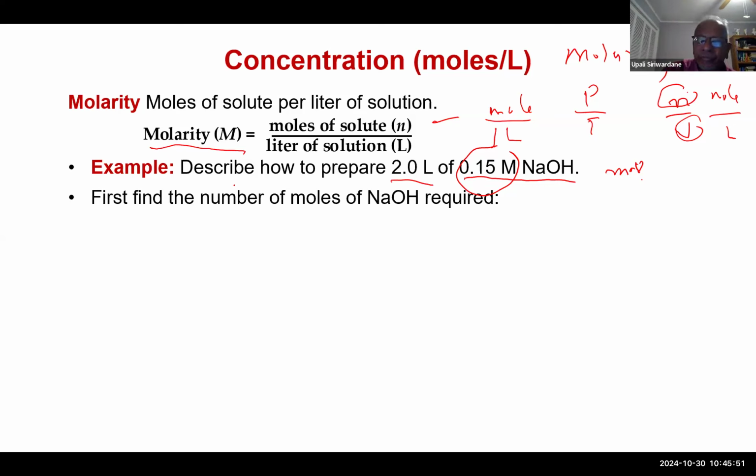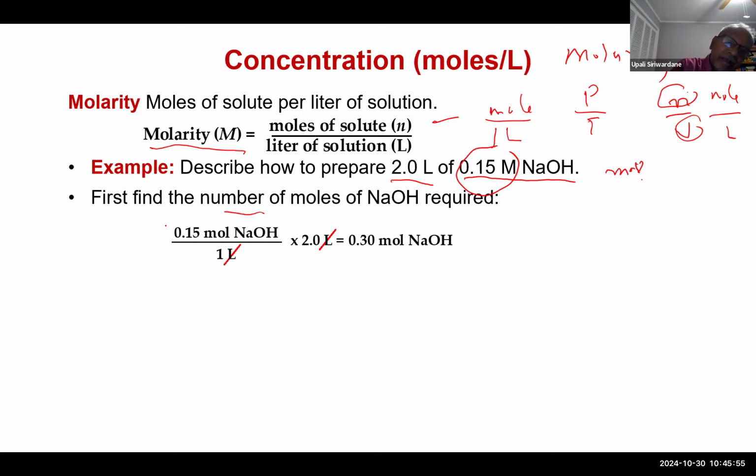Find the number of moles required. Molarity is defined as this, 2 liters here. If the molarity is 1.5, that means 1.5 moles are in 1 liter. Then liters converted, that's the factor label method that I'm using here to get the number of moles. Molarity multiplied by liters gives you the number of moles.